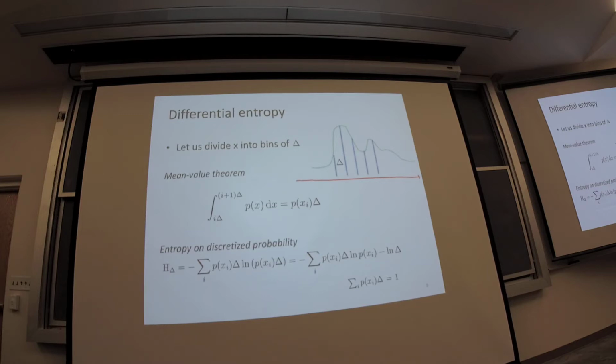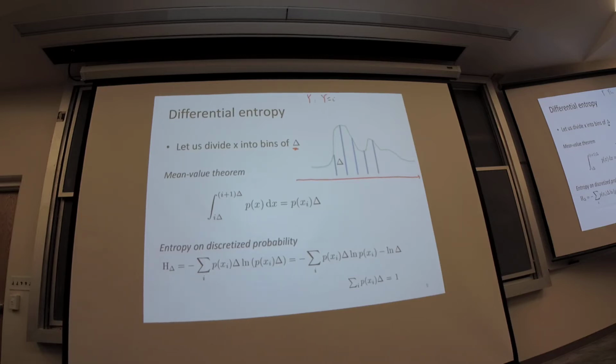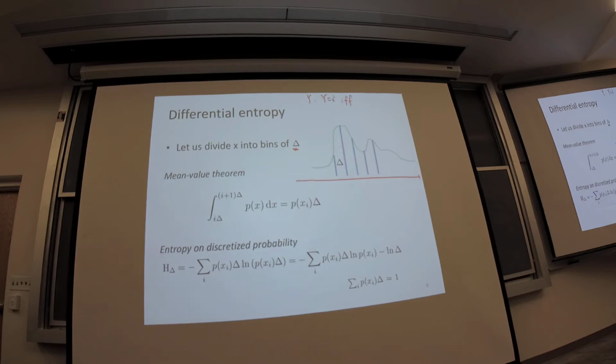And for simplicity, I just assume these bins are of the same size, so their length is denoted by this delta. Right? And then I can define the corresponding random variable y, with y taking i if and only if x falls in the i-th bin. Does it make sense?